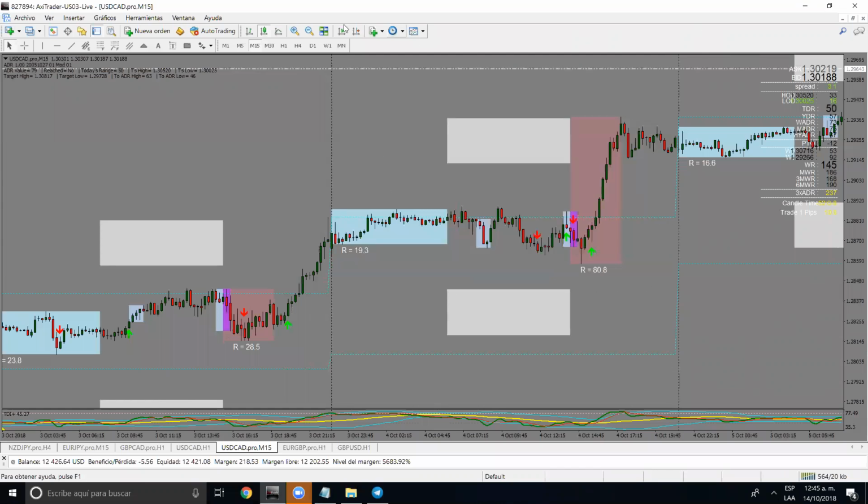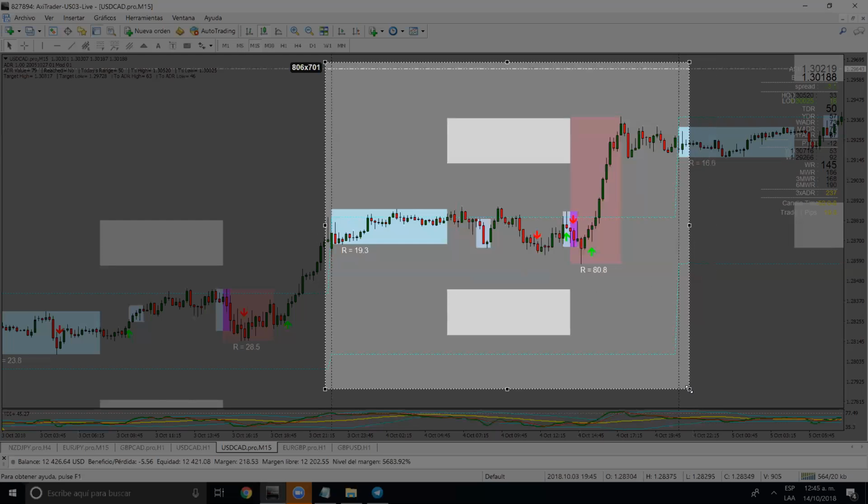Also, we are going to have more information like this blue line. Okay, you have the dotted blue line. That means LOD, or low of the day.